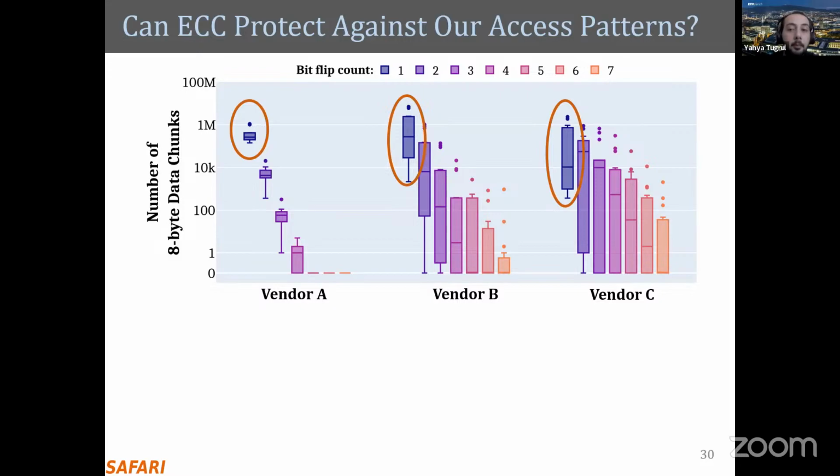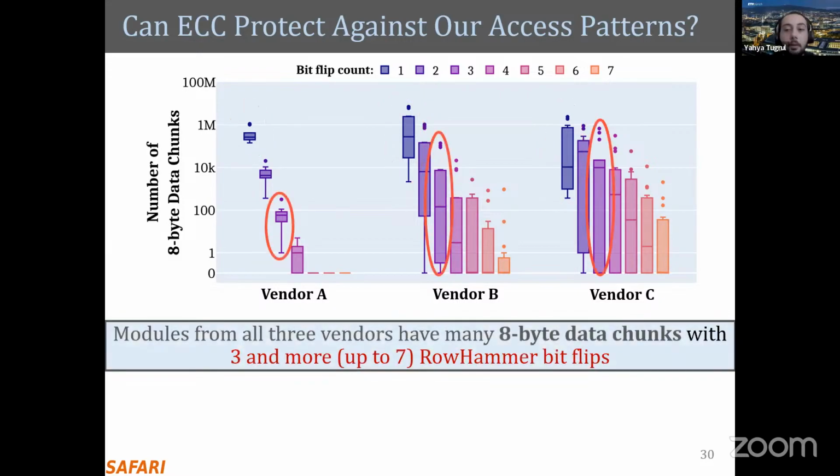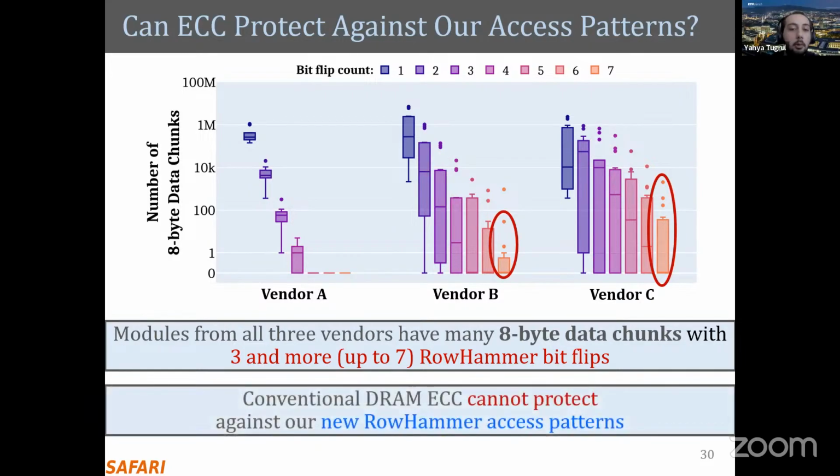However, our RowHammer access pattern can cause at least 3-bit flips in modules of all three vendors, and further we see up to 7-bit flips in many data words, which the ECC cannot correct or detect. And we conclude that the conventional DRAM ECC cannot protect against our new RowHammer patterns.